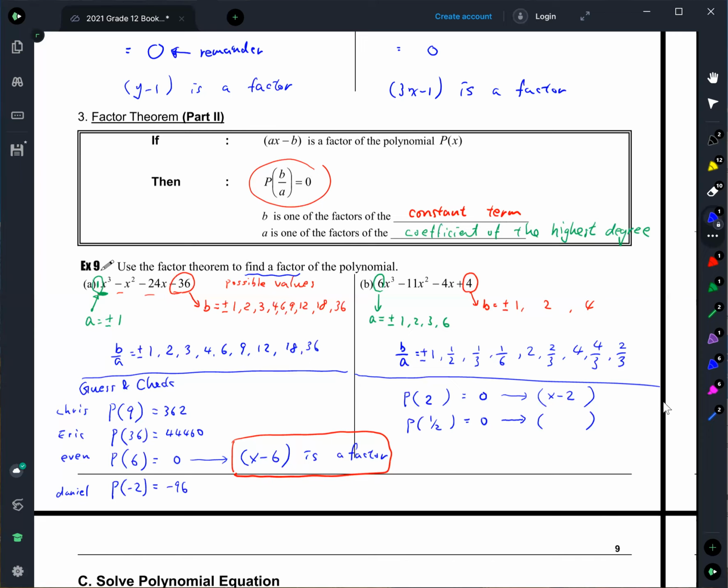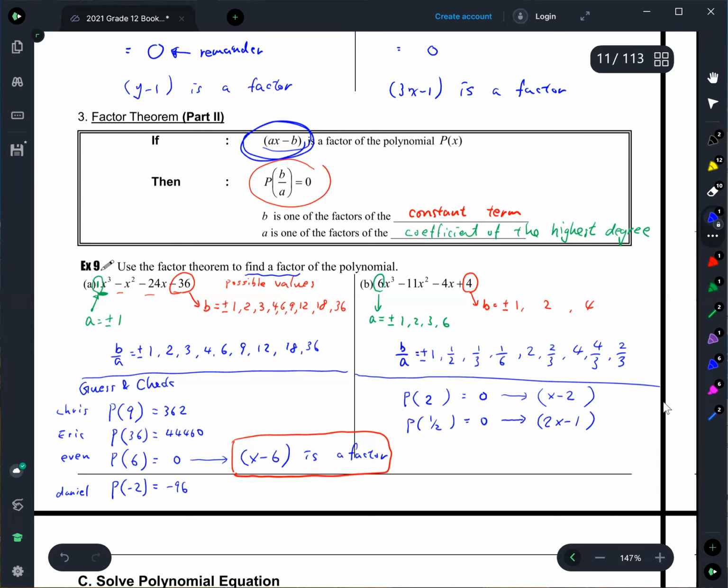You need to put it back into ax minus b form, like on the top here. Oh, fractions, yeah. 2x minus 1. Yes, so you need to think backwards. Think about if I solve divisor equal to 0, what kind of divisor will make it 1/2? So these two are the factors.